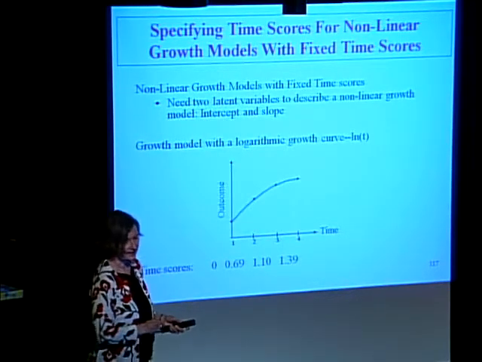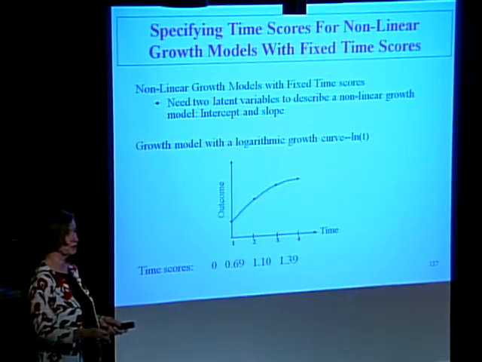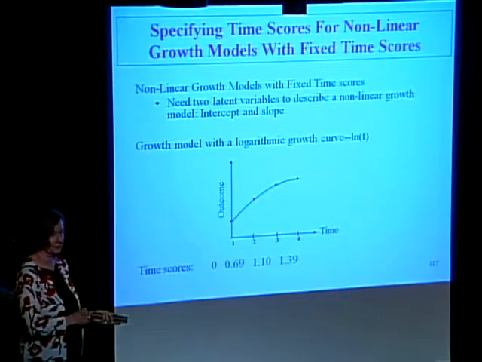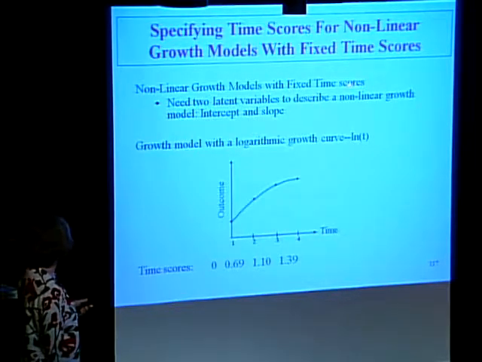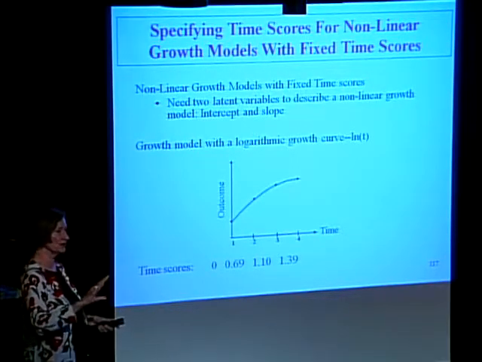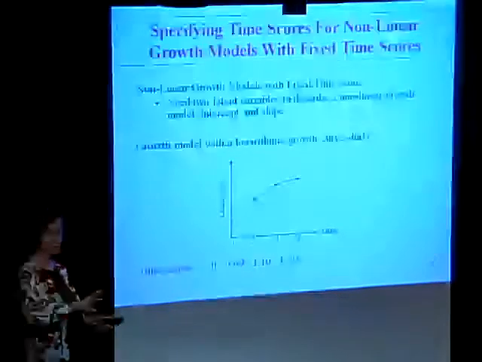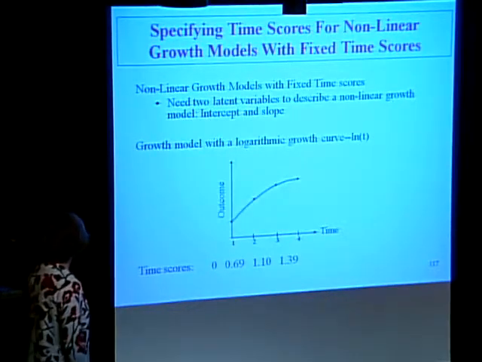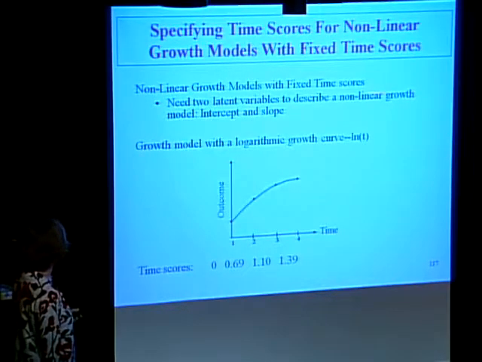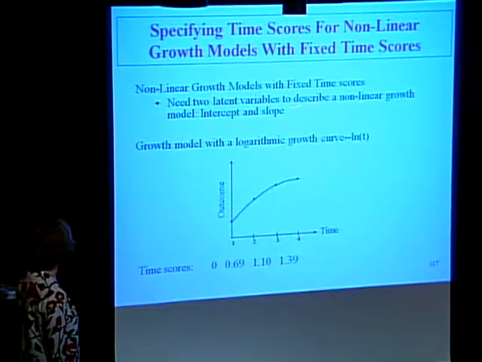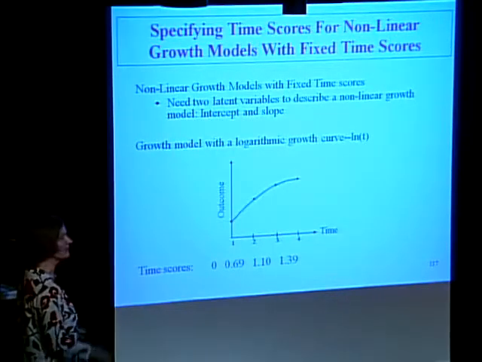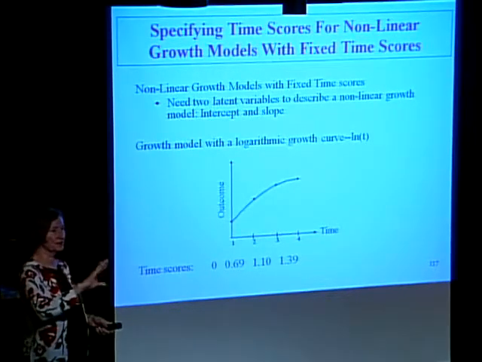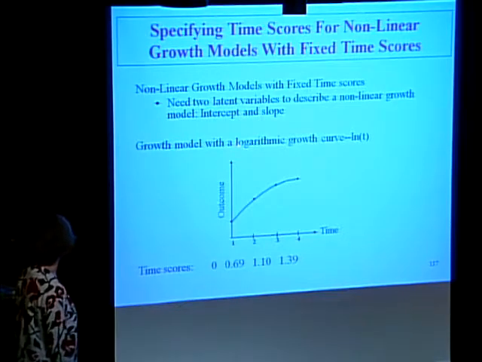Okay. Now we're on to the third way that you could model nonlinear growth, and that's using fixed time scores that fix the time scores at the shape that you're interested in. So you need 2 latent variables when you're describing a nonlinear growth model in this way: intercept and slope. Let's say we have something and we know that it develops according to a logarithmic curve.